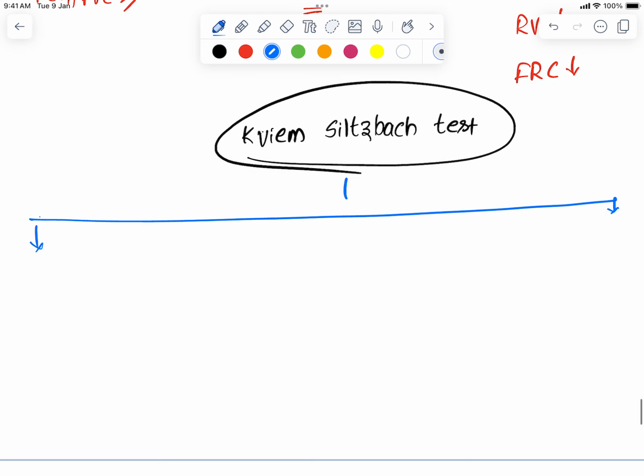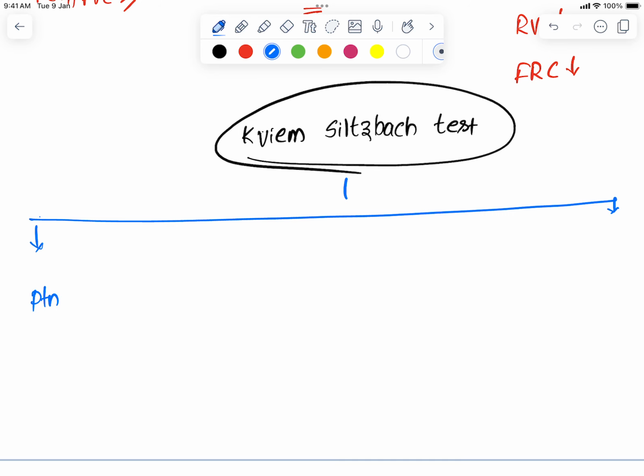Previously, when the investigations were not fully developed, we were using this Kveim-Siltzbach test. It's actually a test where you derive the splenic tissue of a patient who is suffering with sarcoidosis.